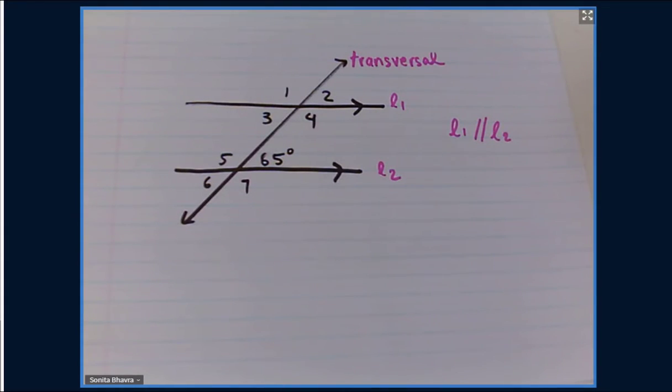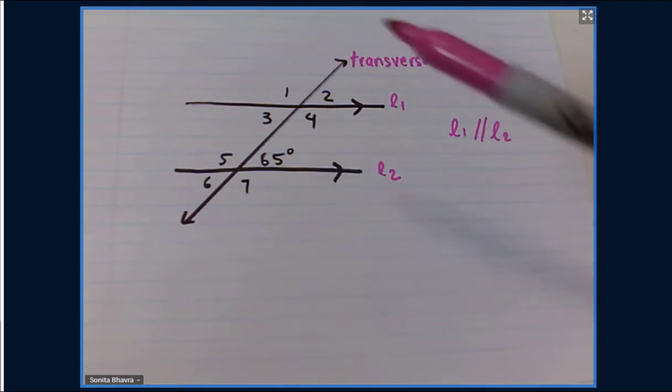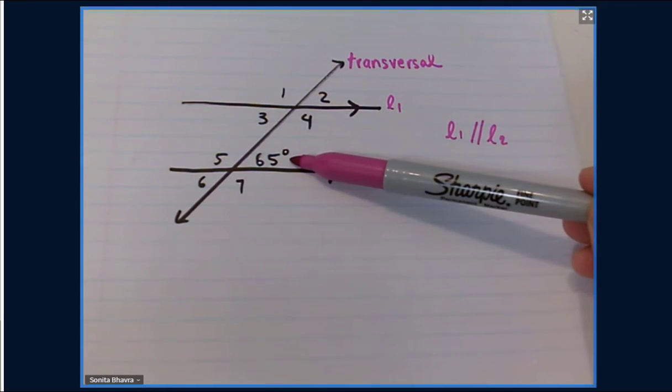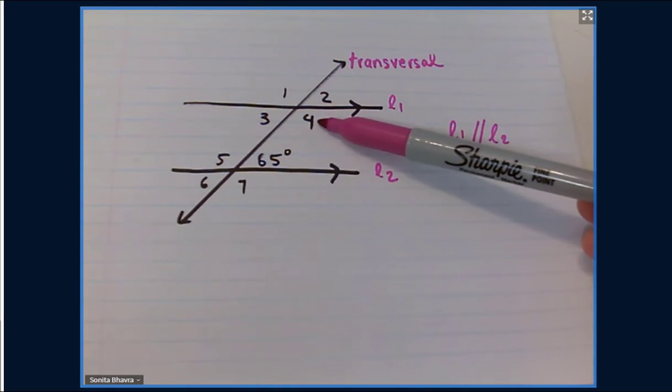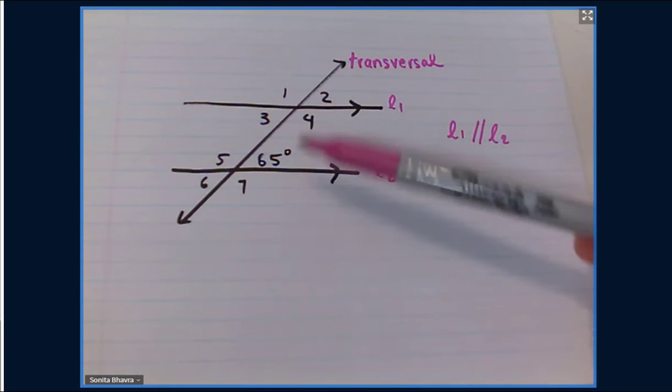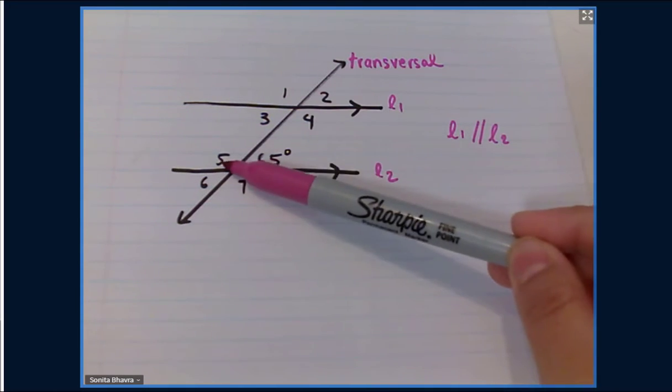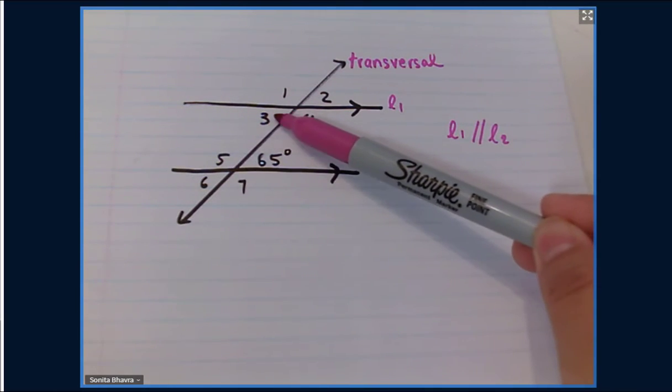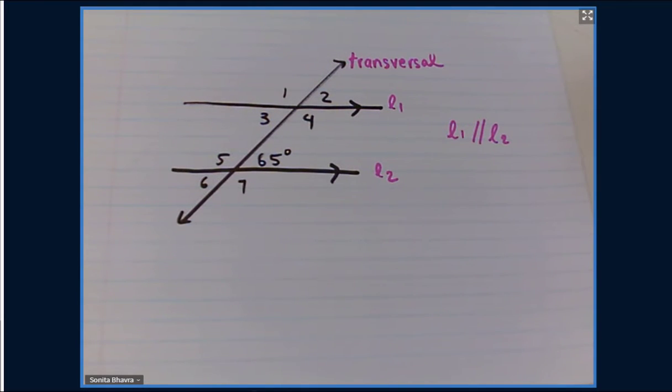From those rules, we know that angle 2 and this angle will be the same, angle 4 and angle 7 will be the same, angle 1 and angle 5 will be the same, and angle 3 and angle 6 will be the same. As well, we know that a straight line makes a 180 degree angle, so from that we can also solve the rest of the angles.